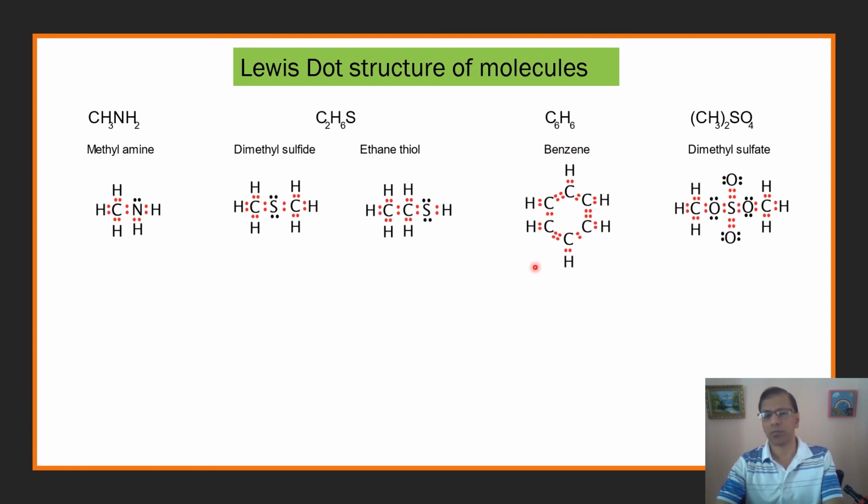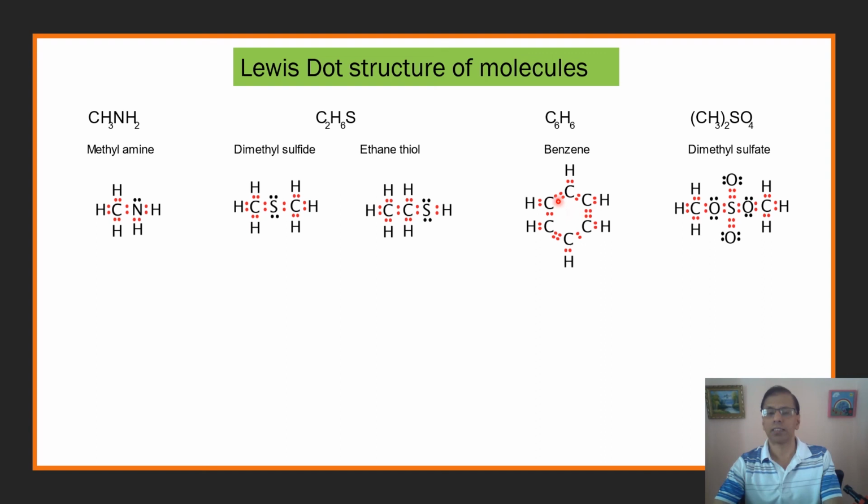Benzene is a little bit complicated. It will take some time for you to figure it out, but it's a cyclic molecule, and each carbon in this case is next to only 3 atoms. So this carbon is next to a hydrogen, a carbon, and a carbon.